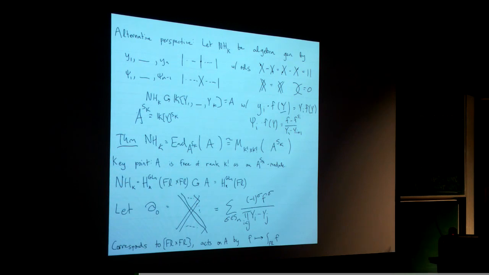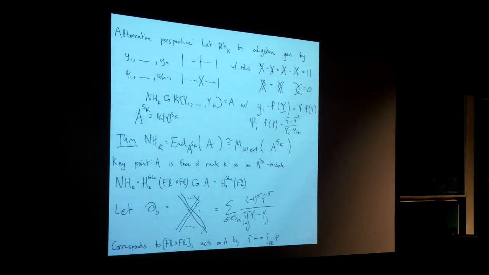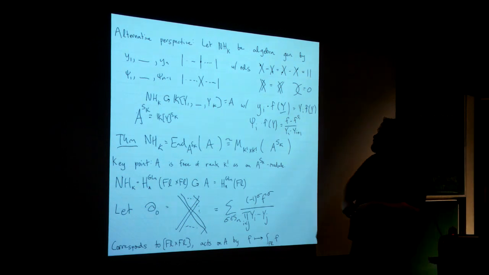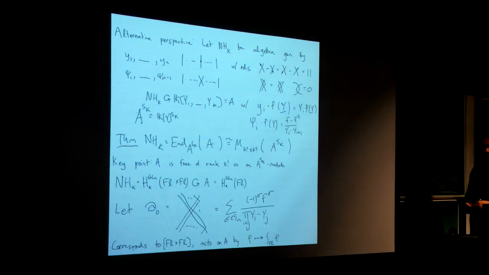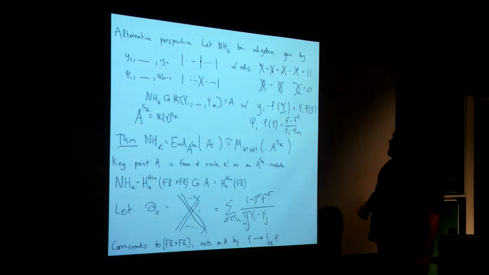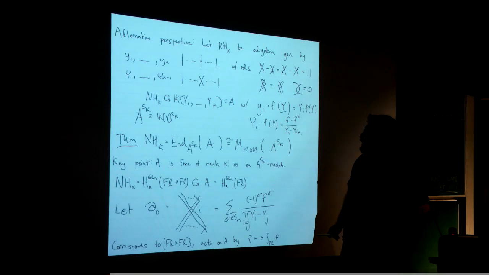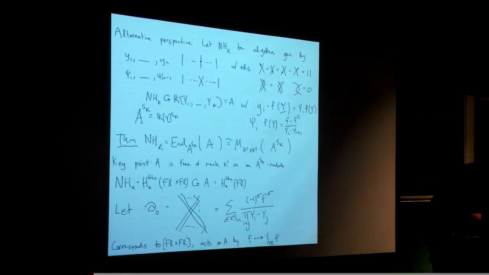I fear this is going to set me back a lot on time, but I think it is worth mentioning. There's another way to think about this categorification, which is instead of looking at these polynomials, I look at the nil-Hecke algebra of rank K. I had defined this last time, but let me just say it again.